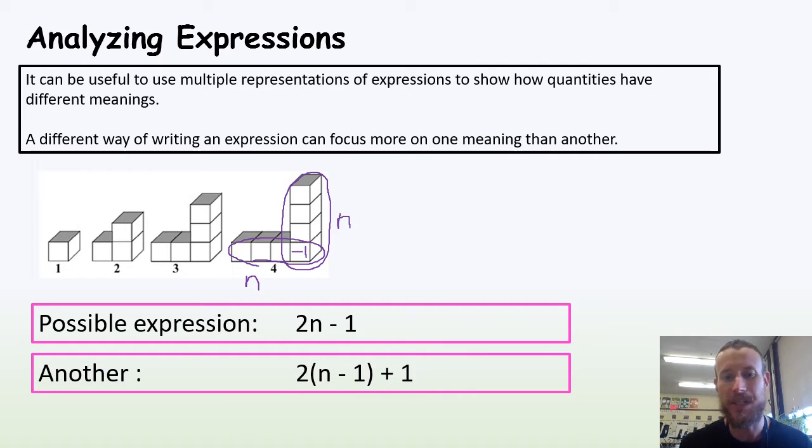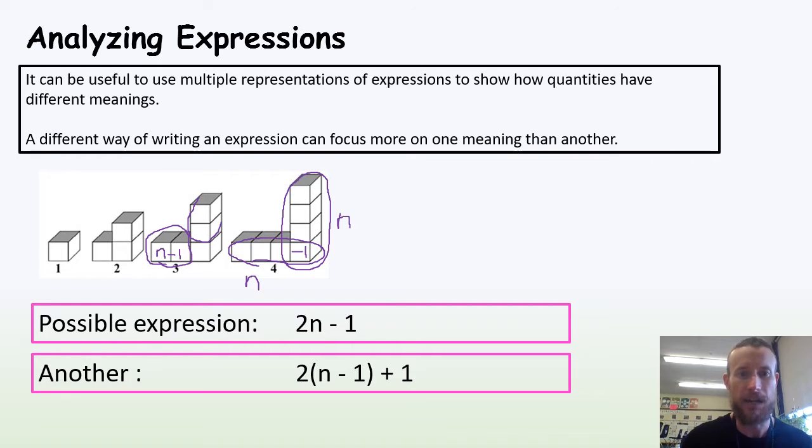Another expression could be this, 2 times n minus 1 as a quantity plus 1. So let's look at how that would be shown in one of the other images. Here's n is equal to 3. In n is equal to 3, if I circle these 2 blocks, there's 2 blocks there, and that would be n minus 1. In other words, 3 minus 1 is 2 blocks.